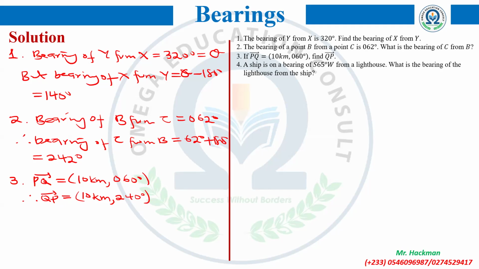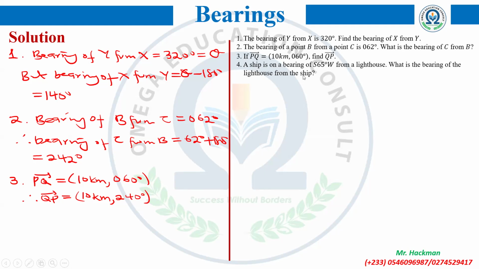Anytime you are given a forward or front bearing and you are asked to find the back bearing, do this. Now let's look at this one as well. Very interesting, and I will give you a very simple way to make that determination, straight away, without going the normal route. A ship is on the bearing of this from a lighthouse. What is the bearing of the lighthouse from the ship?